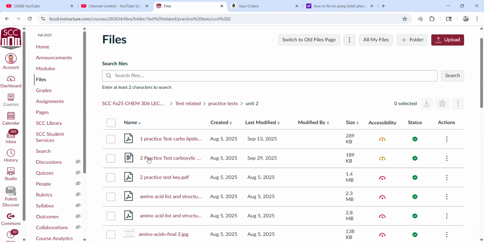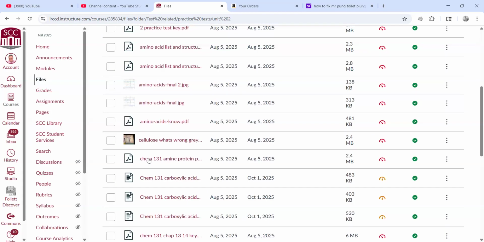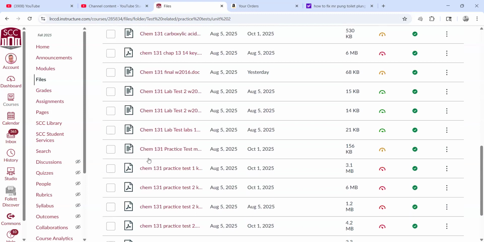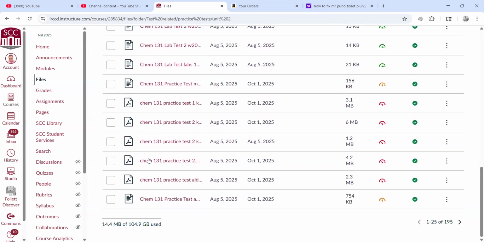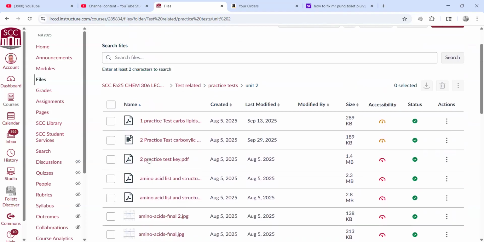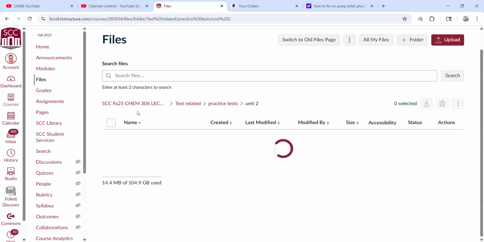So here's some more practice tests. And if we widen the column here. There should be a way to widen this column.